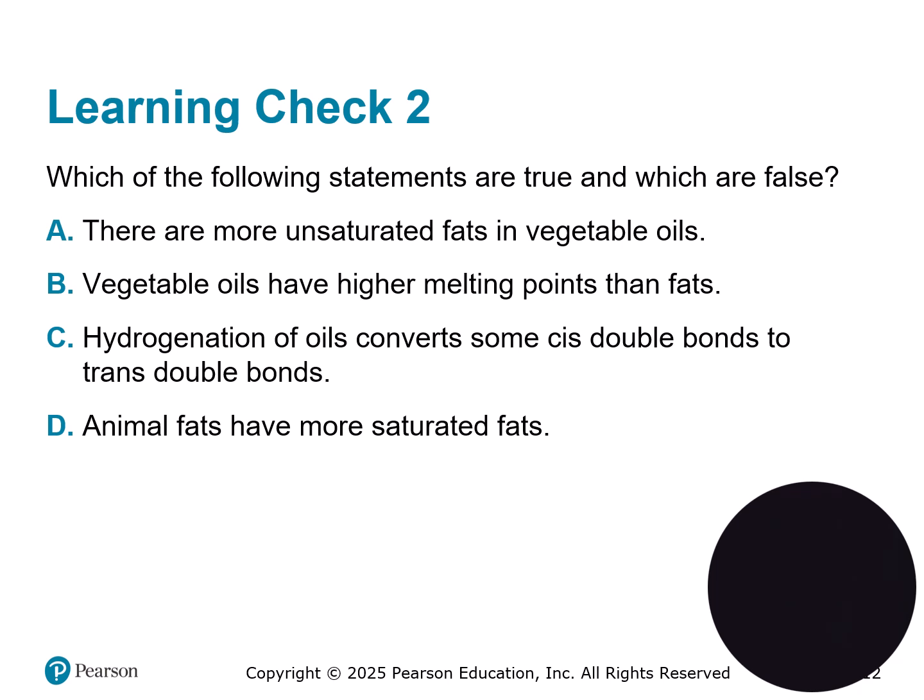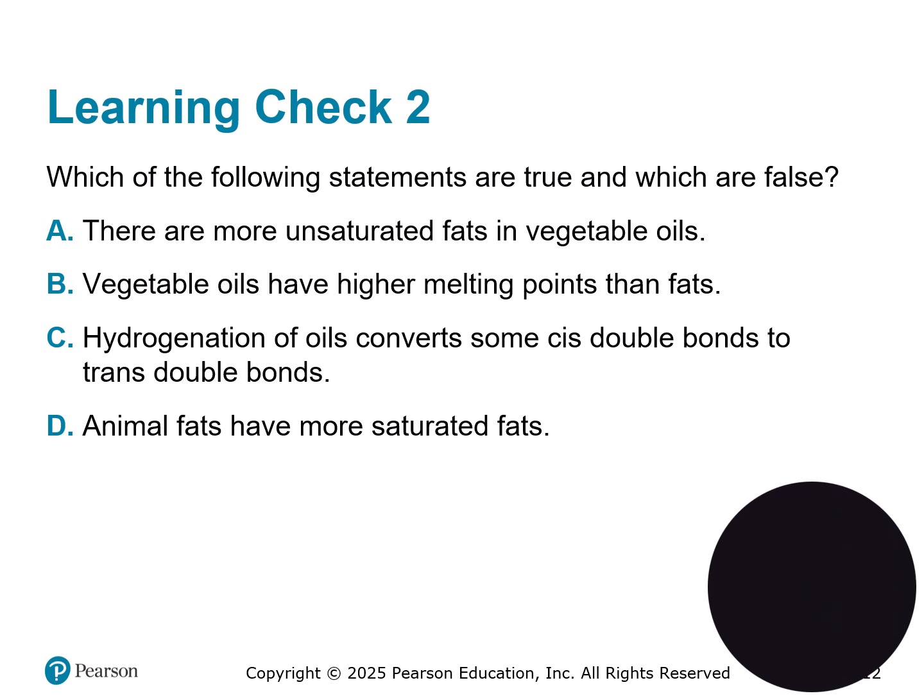B: vegetable oils have higher melting points than fats. Well, oils have lower melting points than fats. So B, in fact, should be false because it's the opposite. C: hydrogenation of oils, which we just saw, where we add H2 across an alkene, converts cis double bonds to trans double bonds. That is true because that can possibly happen as a side reaction.